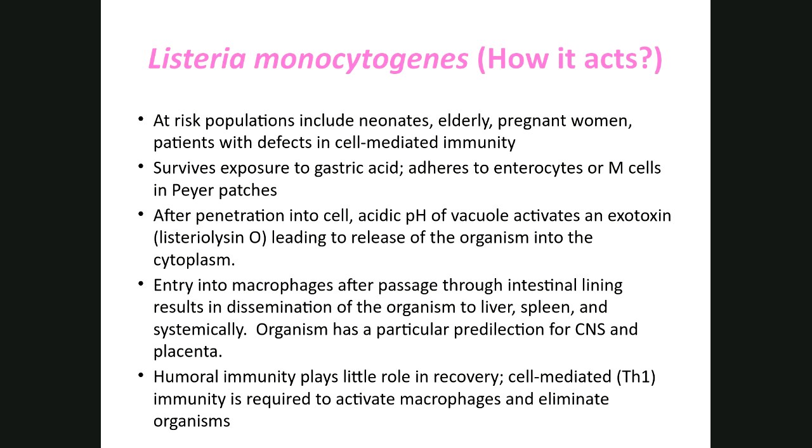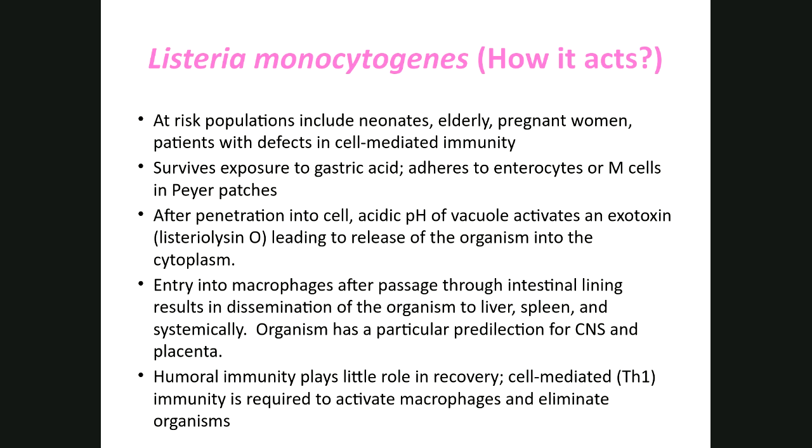And as the macrophages move through the body, they can take this organism to the liver, spleen, and other organs as well. This organism has a special liking for the central nervous system, the brain, and for the placenta.